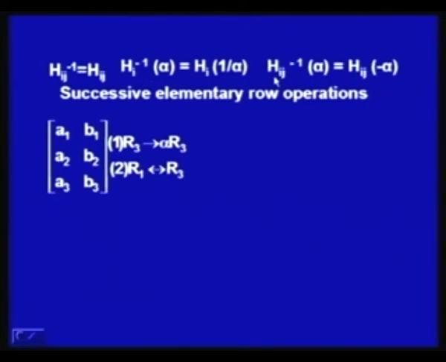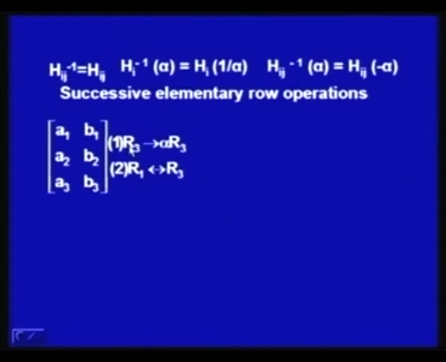The idea is that you can perform a number of elementary operations on a matrix. So, let us say I have been given a 3 by 2 matrix, A1 B1, A2 B2, A3 B3, and I apply 2 operations successively on this matrix.